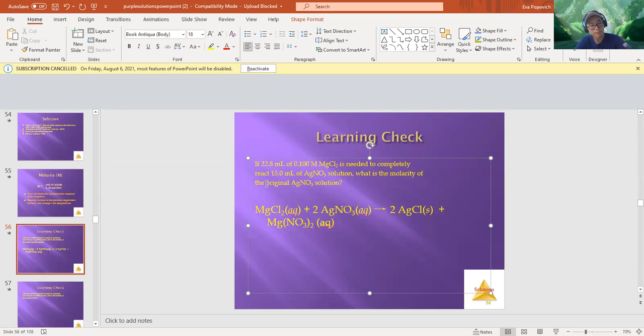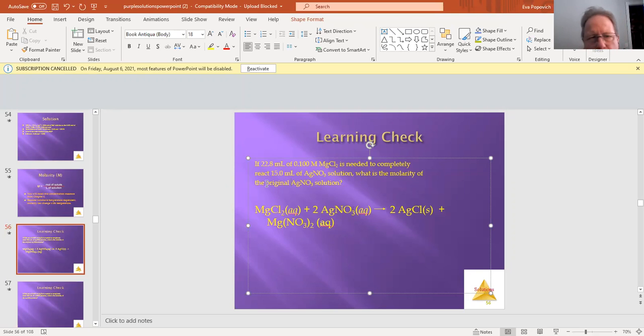Okay. Ethan, perfect. Absolutely perfect. What Ethan did, he saw it was milliliters and he saw that he had a concentration of the magnesium chloride. So he changed the milliliters to liters by multiplying by 1 liter over 1,000 milliliters. And he multiplied that number by the 0.100 molar MgCl2. The question said that it completely reacted with all the moles of the AgNO3.